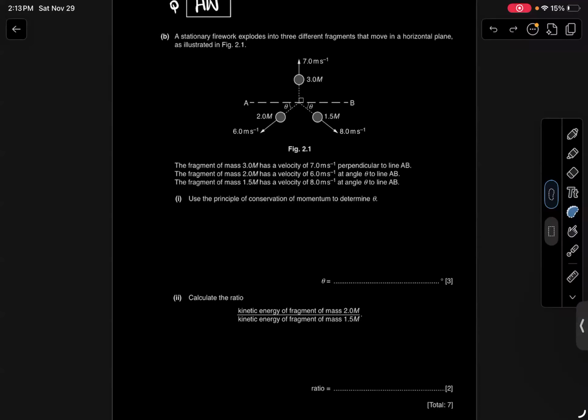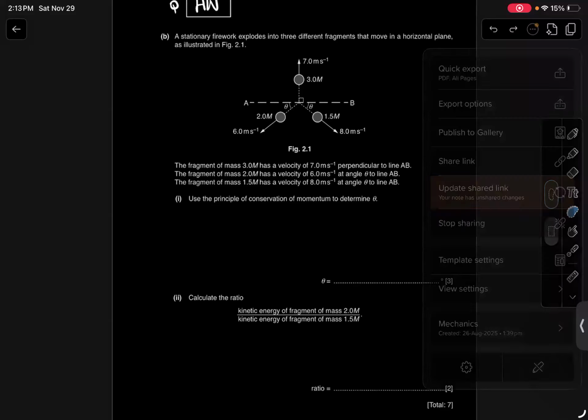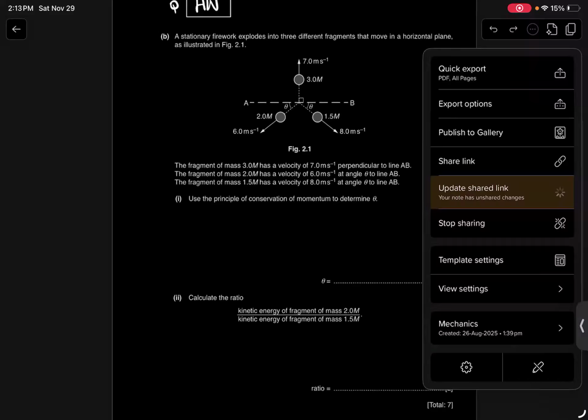Okay, I have sent it in the group and you will be able to find it in the group chat. Okay, solve it, show your working, and then send it to me within 15 minutes. You have some time, try to think it over. I have also updated the link and you will also be able to find the working for our previous notes in that note.